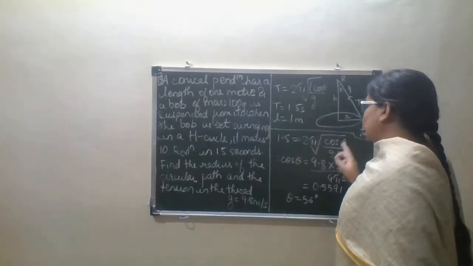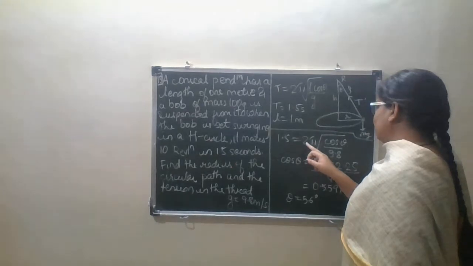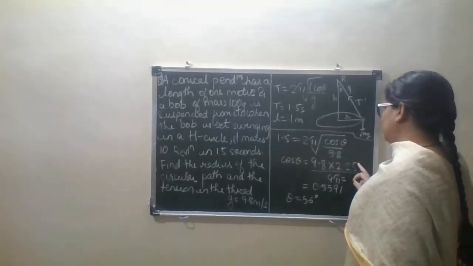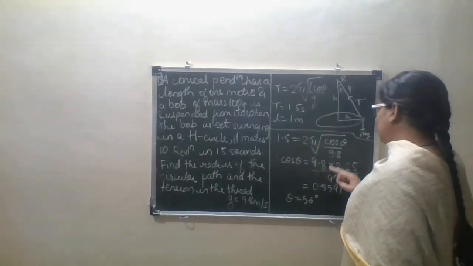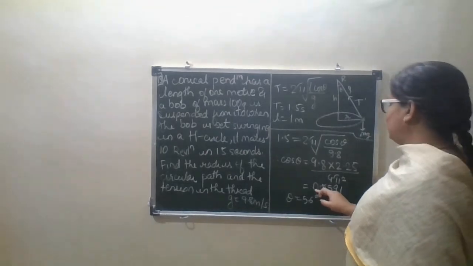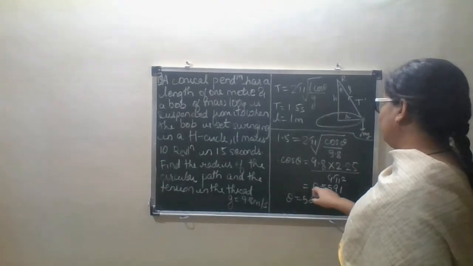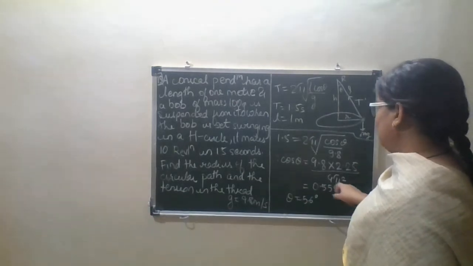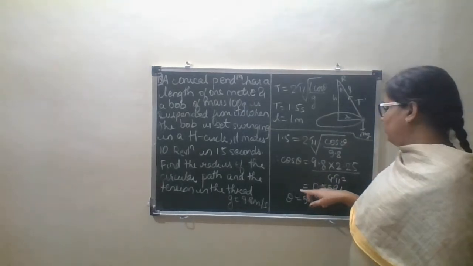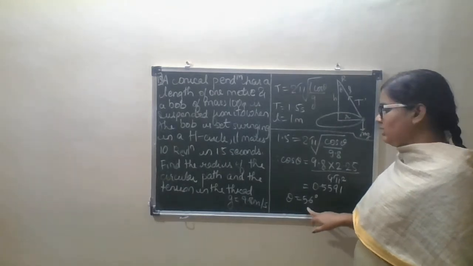This will become cos theta equals 2.25 divided by 4 pi square into 9.8, which is equal to 0.0591. Then finding cos of this in the logbook, theta will be 56 degree.